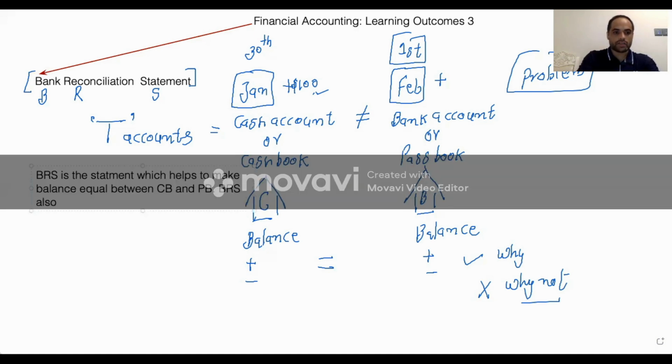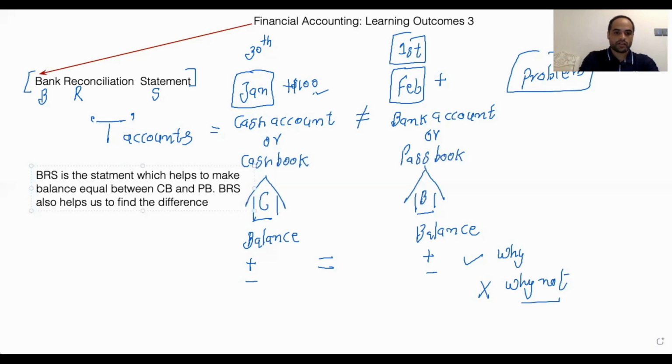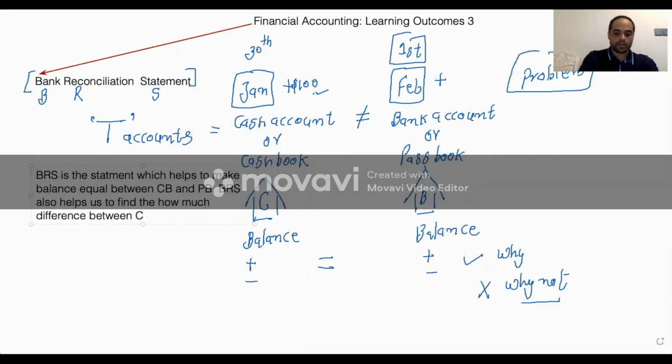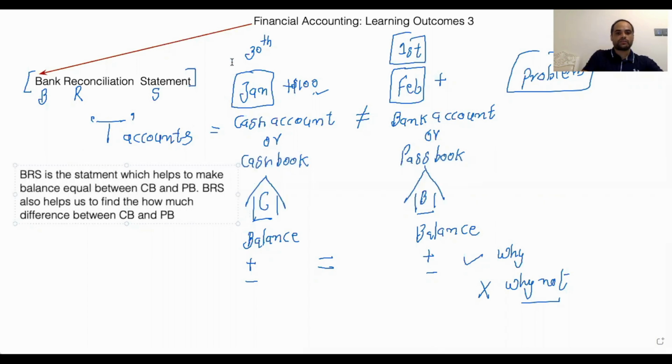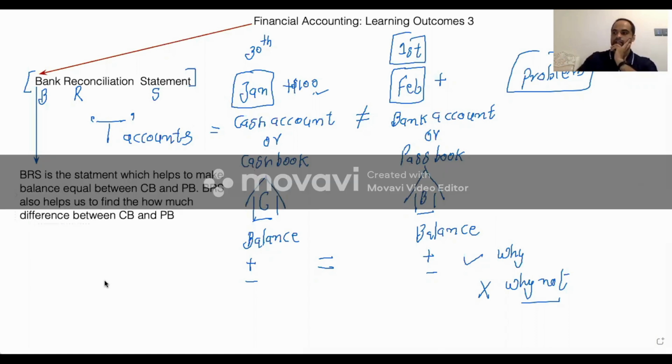A bank reconciliation statement also helps us find how much difference there is between the cash book and passbook. That is the meaning of BRS, and that's why we have to prepare it.